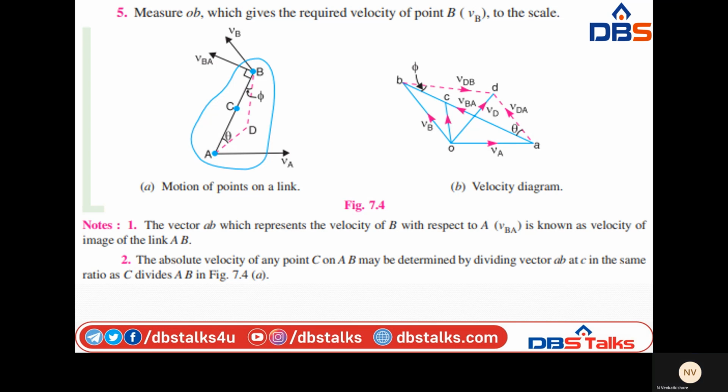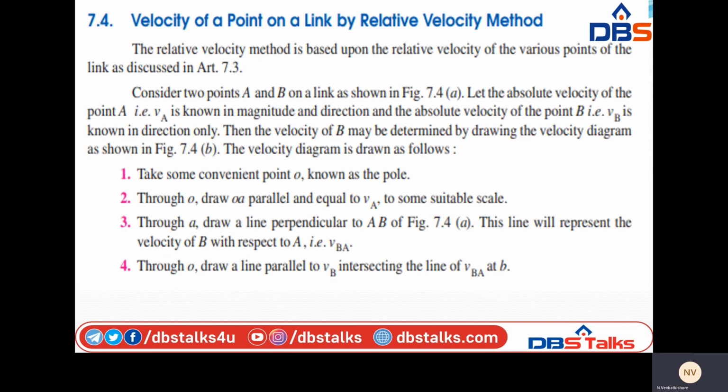Firstly, take some convenient point O, known as a pole. Take any space and identify a point O for your reference. Through the pole, draw OA parallel to and equal to the magnitude of VA to a suitable scale.